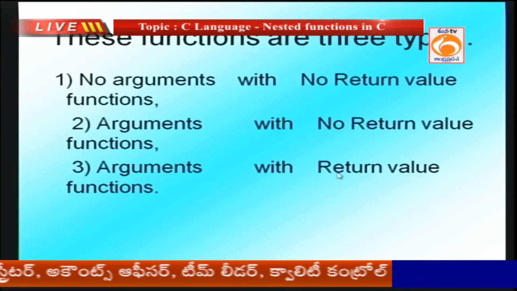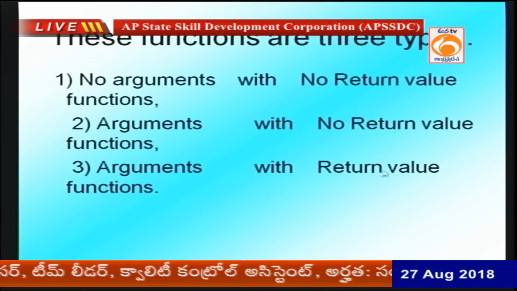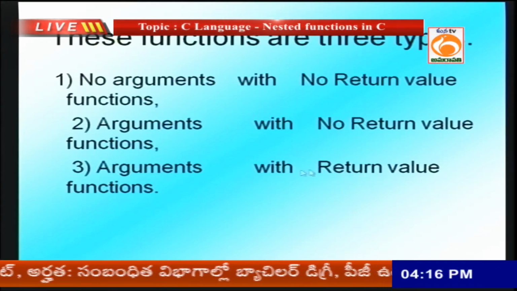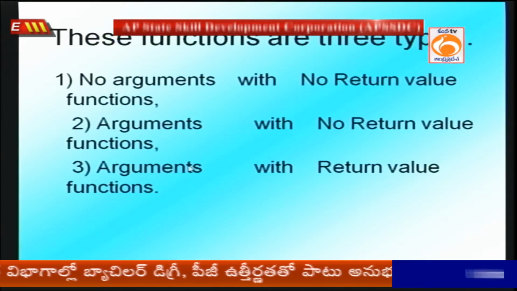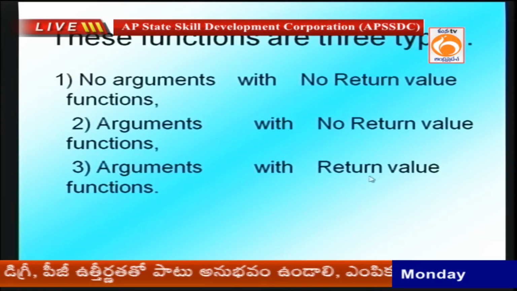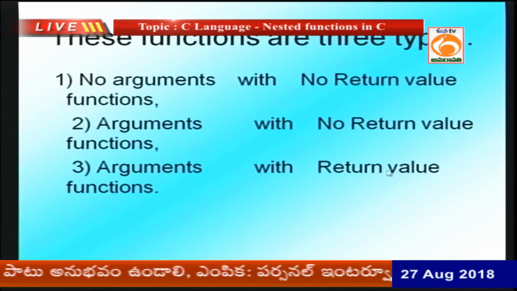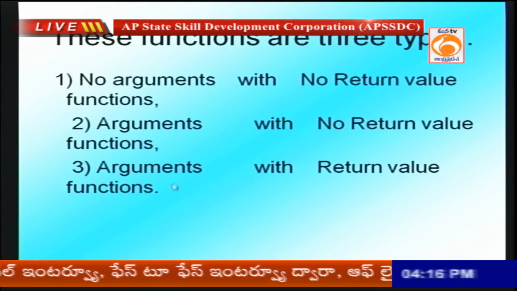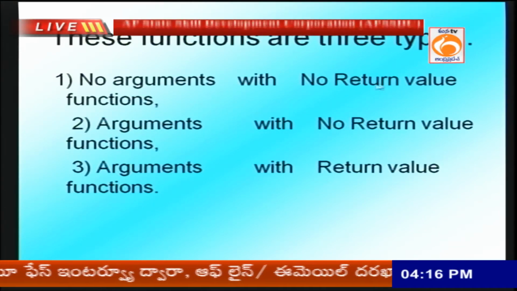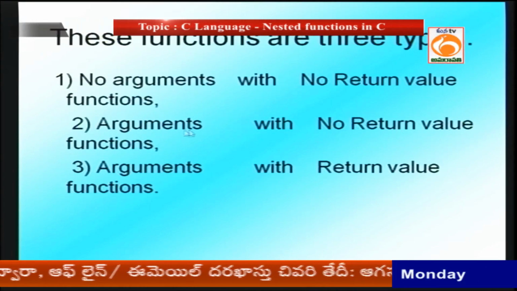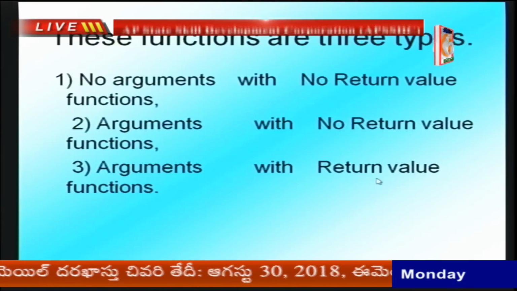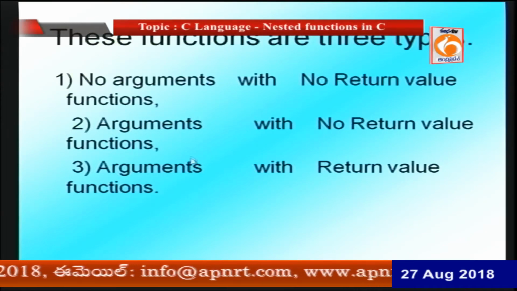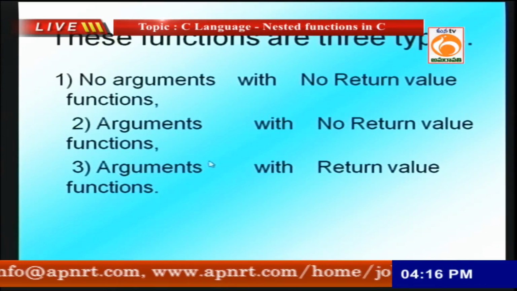The third category is return value functions. What is meant by return value functions? When you pass the arguments, your output should return some data type, maybe integer, character, or float type. These are the user defined functions we have: no arguments no return, with arguments no return, and with arguments with return. Already I discussed these types of functions in the last session.